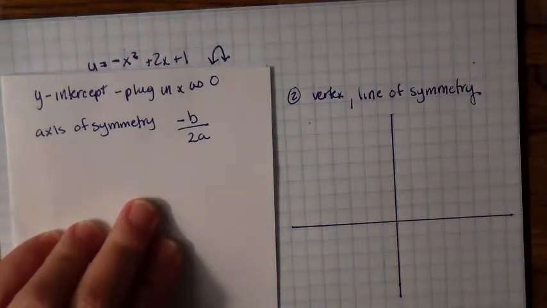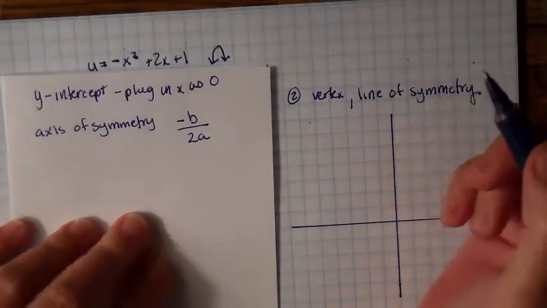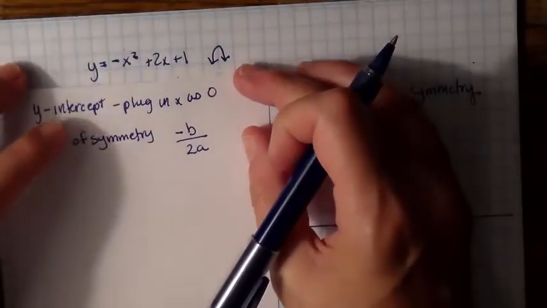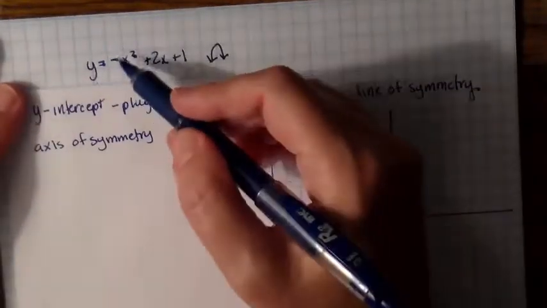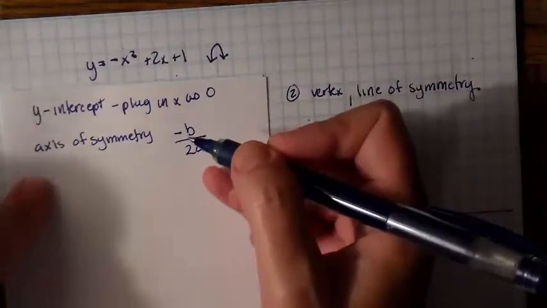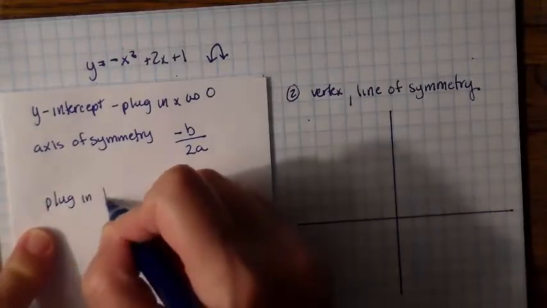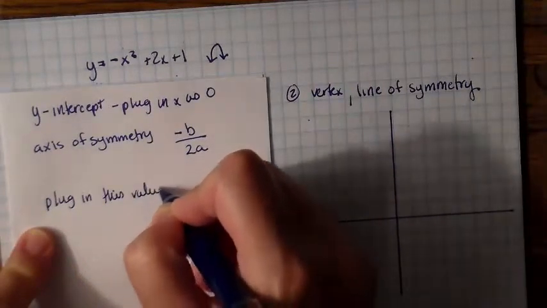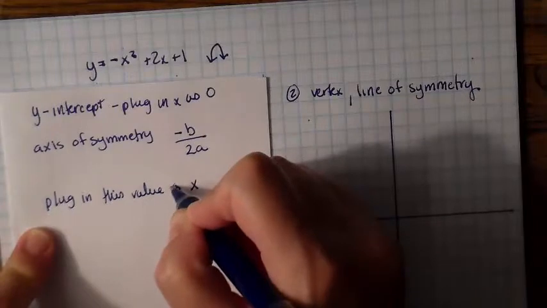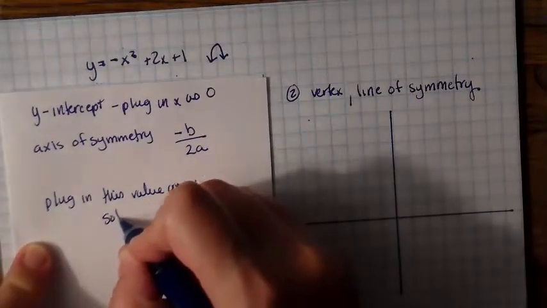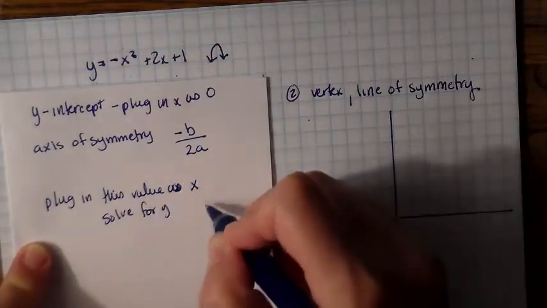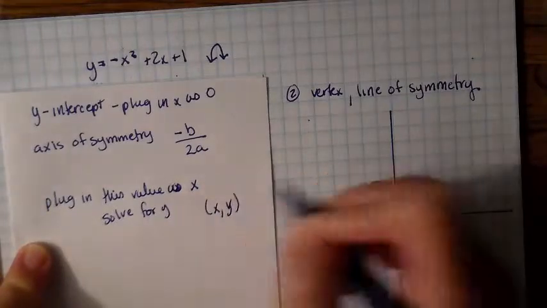And that's where the axis of symmetry comes from, the quadratic formula. So for my particular equation, I'll use these. After I find the axis of symmetry, I plug in this value as x and solve for y, and that will give me my vertex x, y.